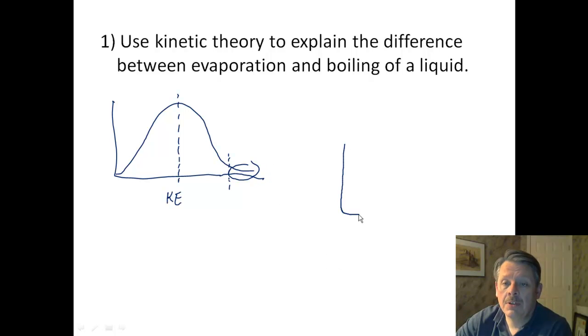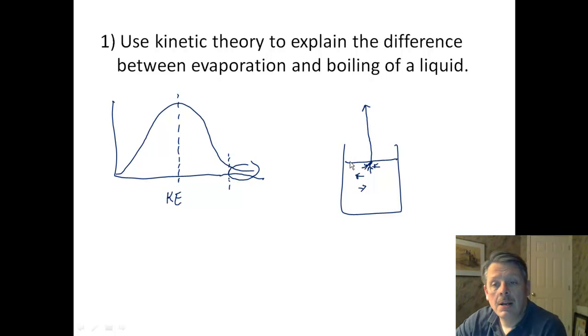Think of a bunch of molecules all bouncing around, and all of a sudden a few molecules all hit one particular molecule, and they transfer some of their energy to it. That molecule has so much energy it leaves the surface of the water. That is called evaporation.